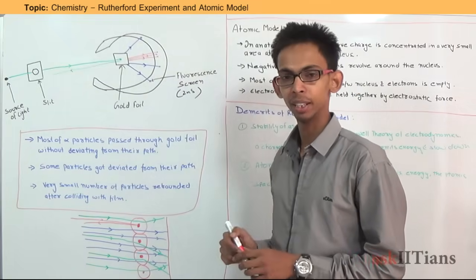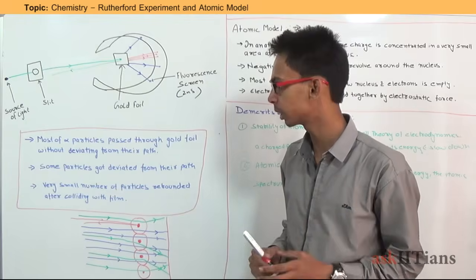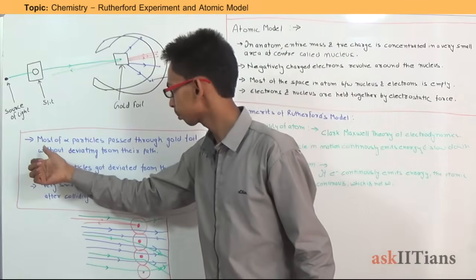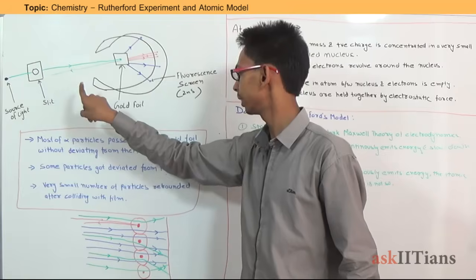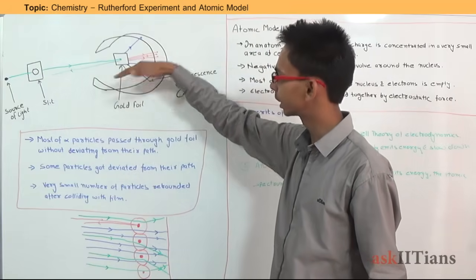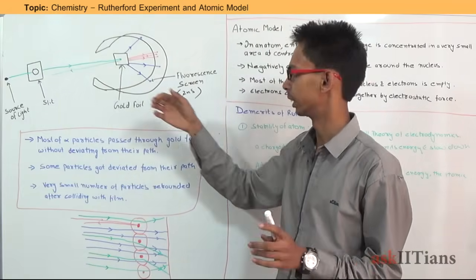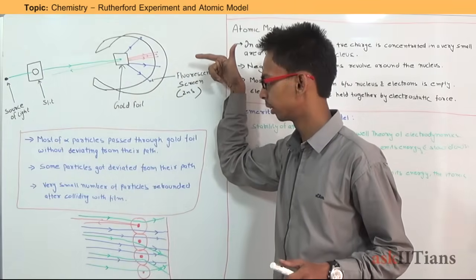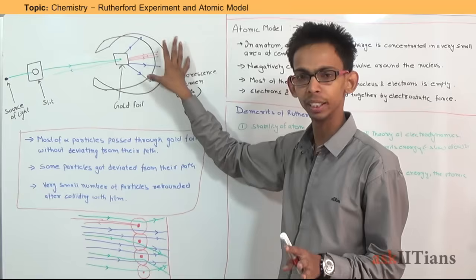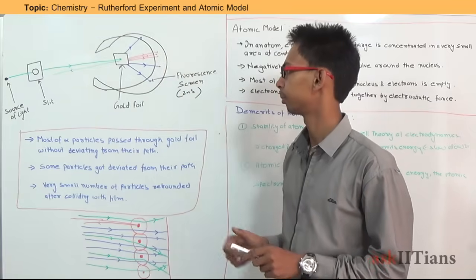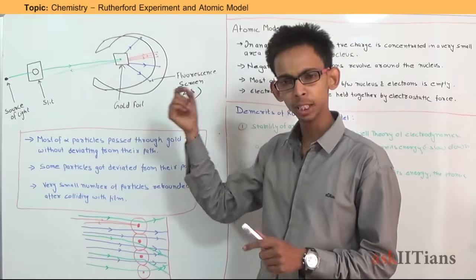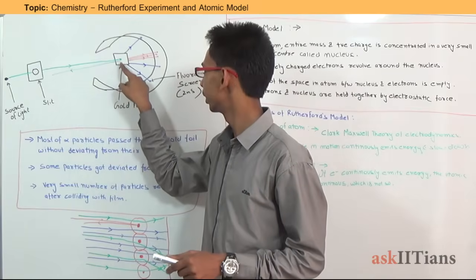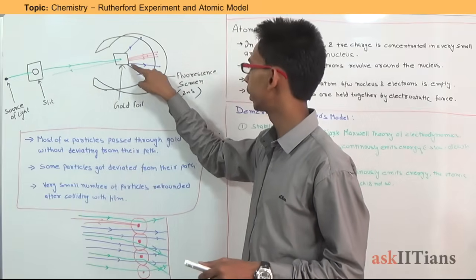During this experiment, what did he observe? That most of the alpha particles passed through the gold foil straight without any deflection. They just came and passed straight through the gold foil without deviating from their path. But some of the particles deviated from their path.